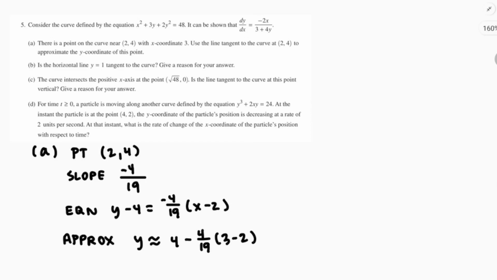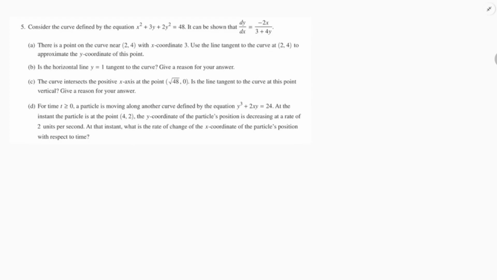Is the horizontal line y equals 1 tangent to the curve? Okay, well, we're going to be interested to see if whenever y equals 1, is dy/dx going to equal 0? So let's investigate what happens when y equals 1.